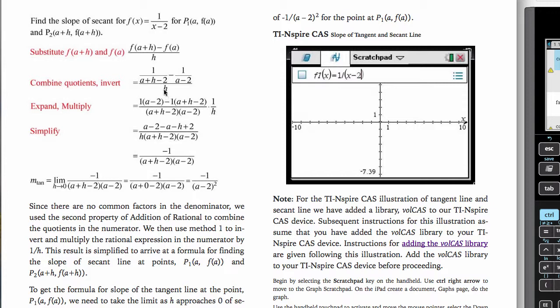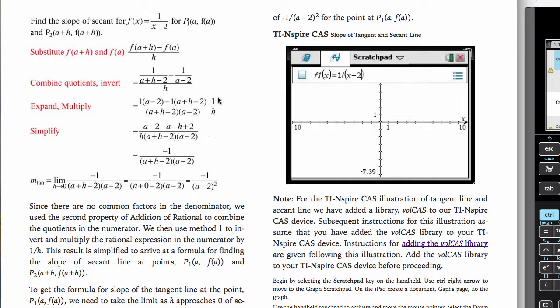Then this numerator part, we'll just take the first times the second, and then we'll take the 1 times a minus 2 minus 1 times a plus h minus 2. Combining like terms in here, we'll end up with minus 1 over a plus h minus 2.